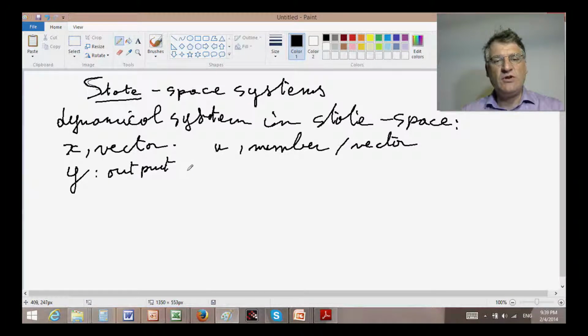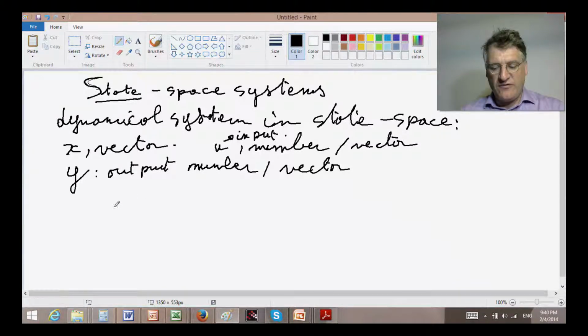And again, usually a number, sometimes a vector. And of course, u here is the input. And the whole thing is driven by the following differential equation, d/dt of x is equal to A times x plus B times u.